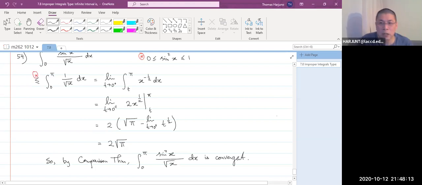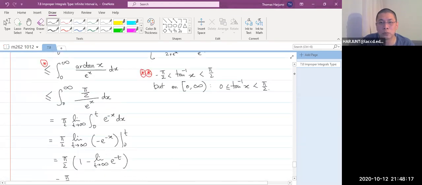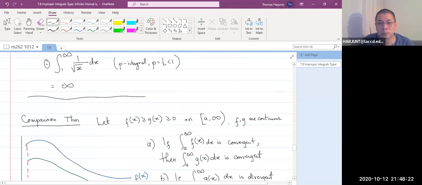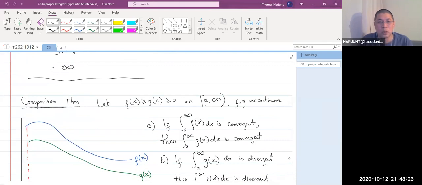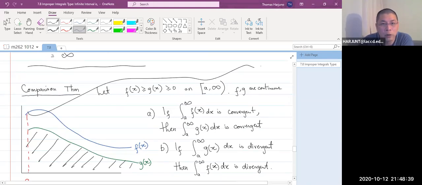Now let me answer that question. Is the converse true? The answer is no. If the integral of the smaller function is convergent, it is possible that the larger function actually goes really, really big.